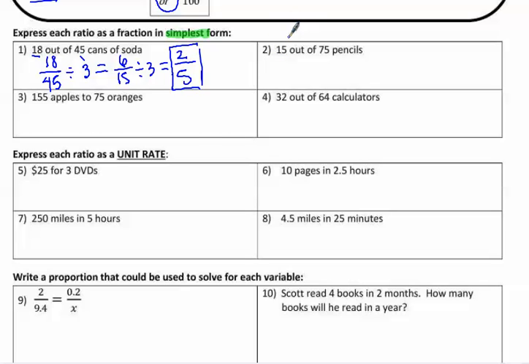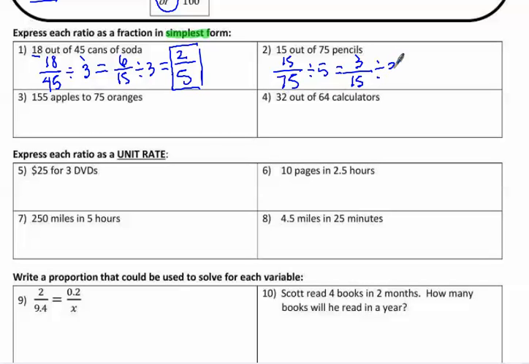Number 2 states 15 out of 75 pencils. 15 is your part, 75 is your whole. So 15 over 75. These both can be reduced by 5. 15 divided by 5 is 3. 75 divided by 5 is 15.